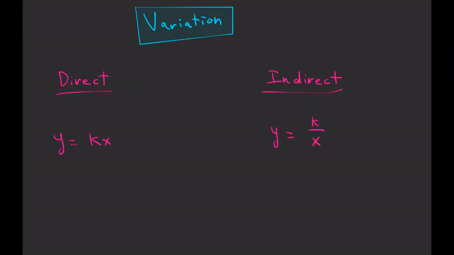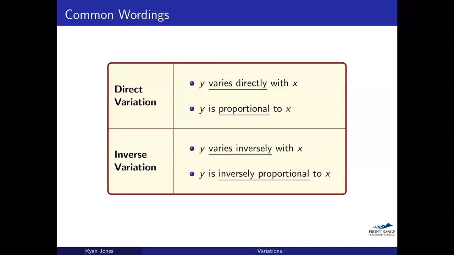So now I've been using this word varies directly or varies indirectly or varies inversely quite a bit. I want to talk about some other common wordings that you might see when someone's talking about direct variation. So if I am looking at the equation y equals kx, I'm looking at direct variation in that sense, that as x increases, so does y.